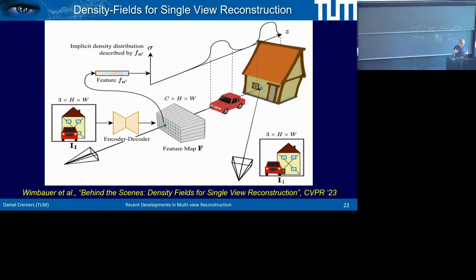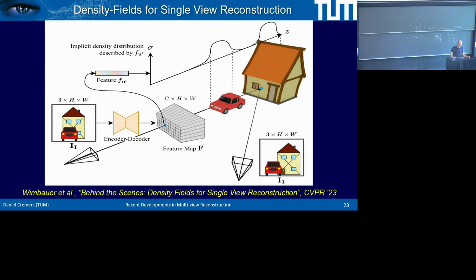So even though it's a learning-based approach, it's not like in the classical sense learning something from examples that would then apply in a new setting. It's really just a function fitting to estimate this light field.